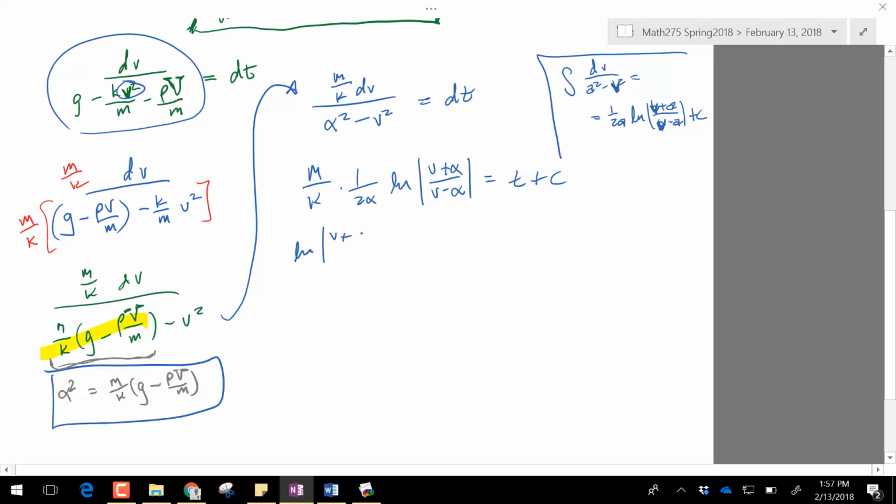So v plus alpha over v minus alpha is equal to, now these are all going to do the reciprocal thing, 2k alpha over m times t plus 2k alpha, those are all constants, right? So they kind of merge in with the other constant.